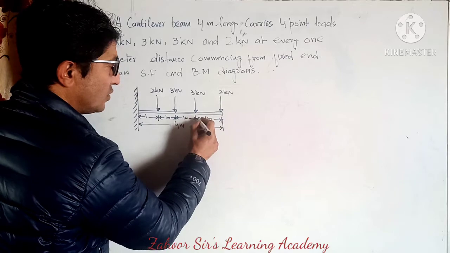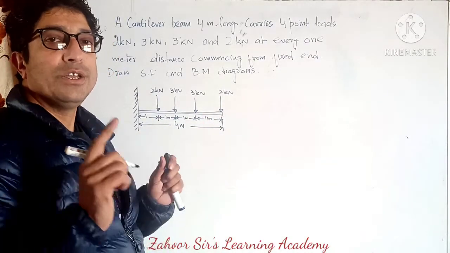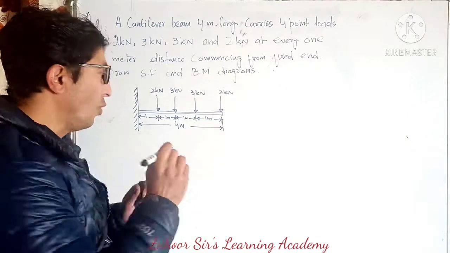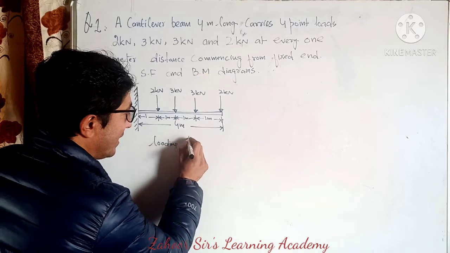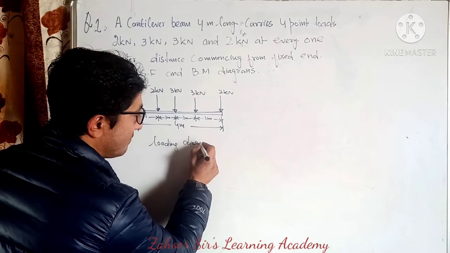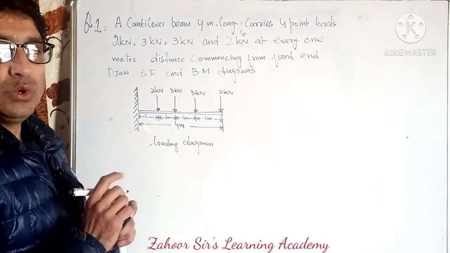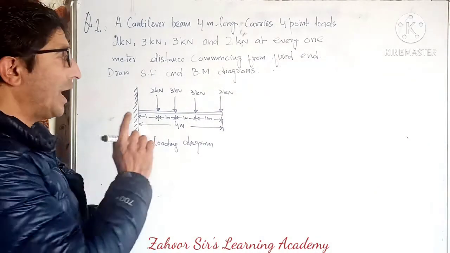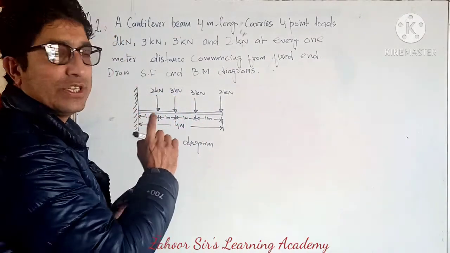My dear students, in case of beams, this is the first thing you have to do: draw a loading diagram. After drawing the loading diagram, the next thing is to give notations to these places.